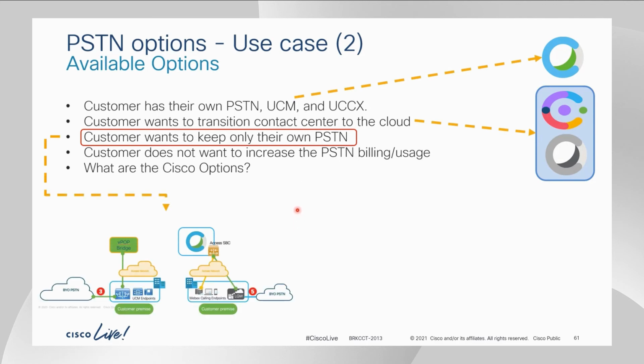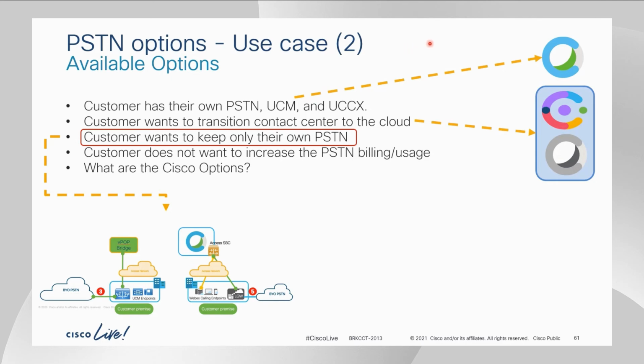Then for their PSTN, we have two options. Either we can do a CUBE to the VPOP bridge or the local gateway. But since we are going with Webex Calling in this case, the option will be local gateway.